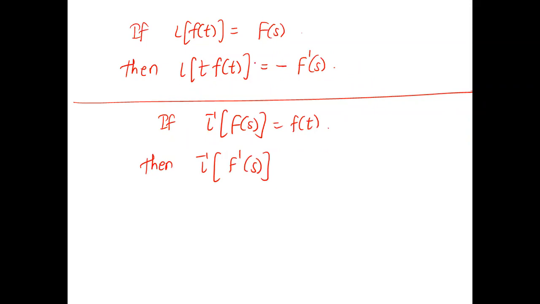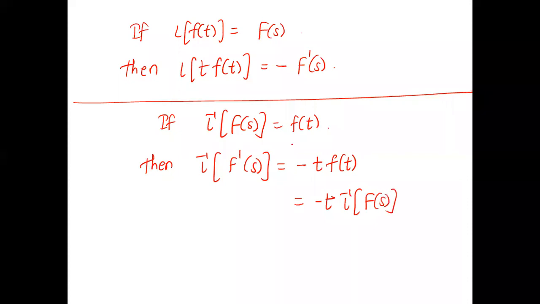इथे negative sign आहे, इकडे नाही दिलं तर ते इकडे जाईल. So what is it? Laplace inverse of f dash of s will be what? Minus t into f of t. पण f of t म्हणजेच काय? Laplace inverse of f of s आहे. f of t is Laplace inverse of f of s.